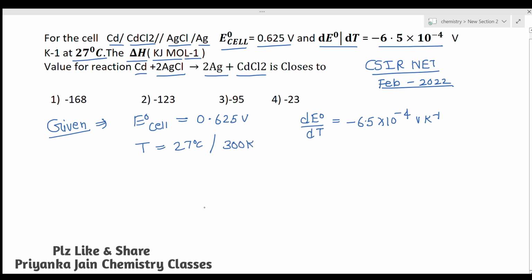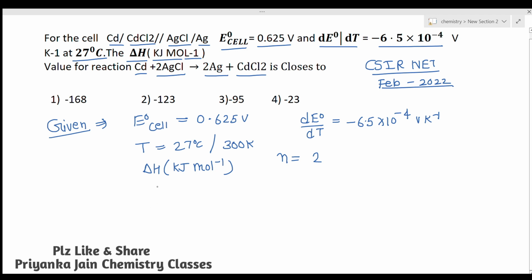We have to find out the delta H value in kilojoules per mole. From the reaction you can see the number of electrons involved, so the value of n is equal to 2. Two electrons are involved in this reaction.